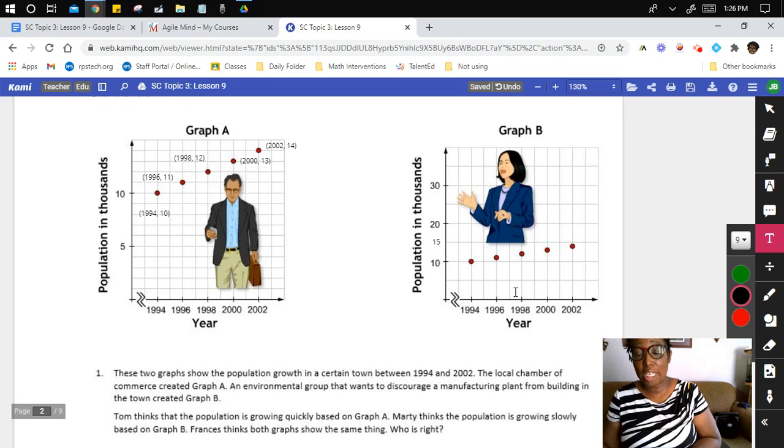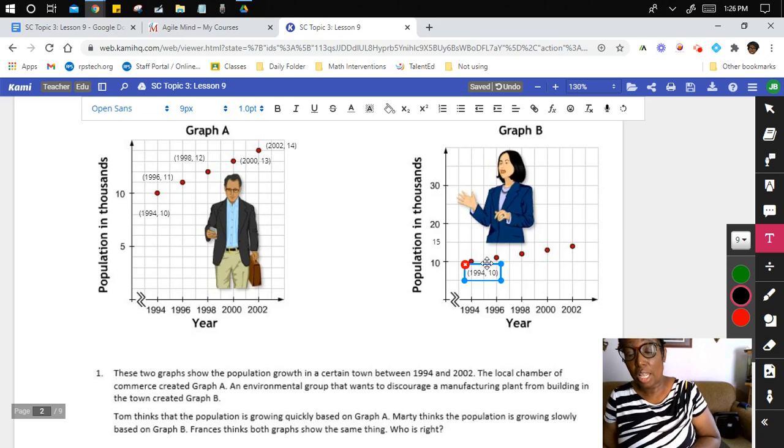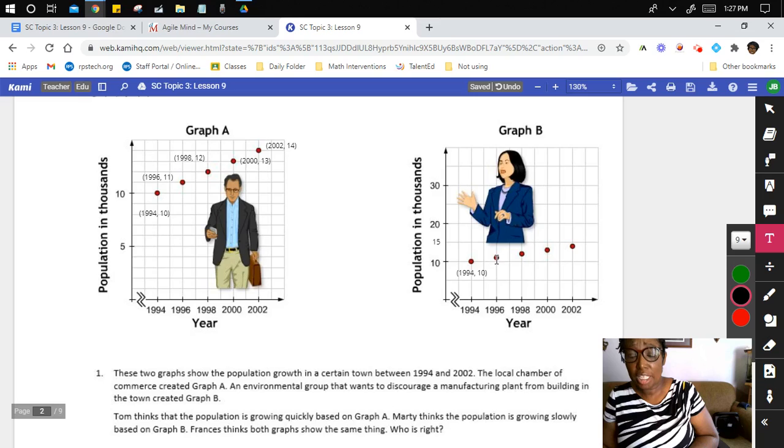My first point is 1994, and that was 10,000 people there. Now this point's a little bit above 10. I was able to squeeze 4 points in between here, but not 5.